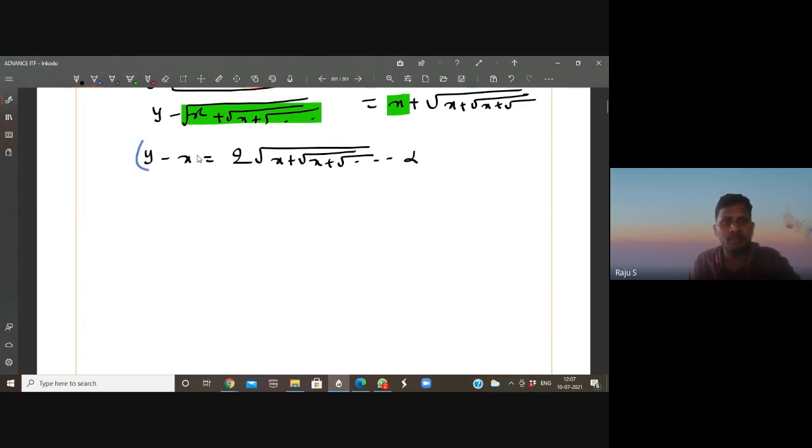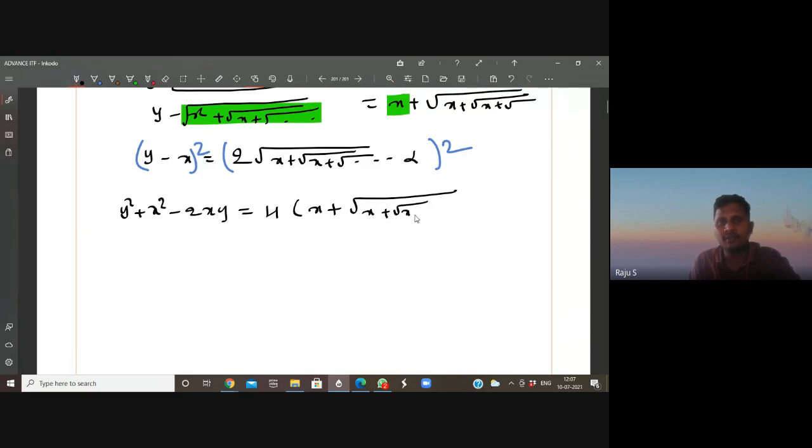When I square both sides, the left side is y square plus x square minus 2xy. It is equal to the right side, 4 into x plus again square root of x plus square root of x plus so on. Now see, students, 4 into x plus, so what about this value?